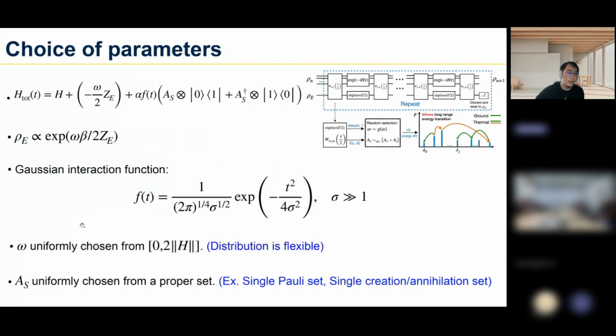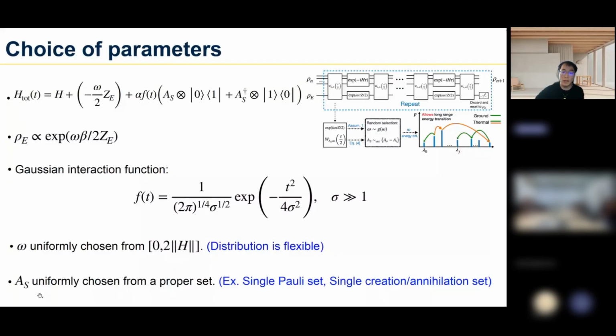And this omega will be chosen from a random distribution. This random distribution can be very flexible. For example, one good way is to uniformly sample omega from the interval 0 to 2 times the norm of H. This is just one way to make the choice. In practice, you can also use other choices.